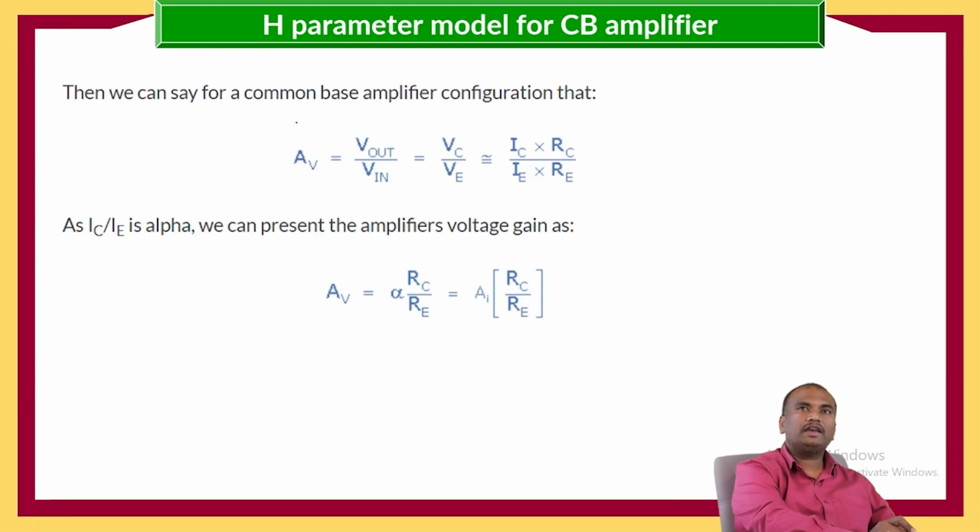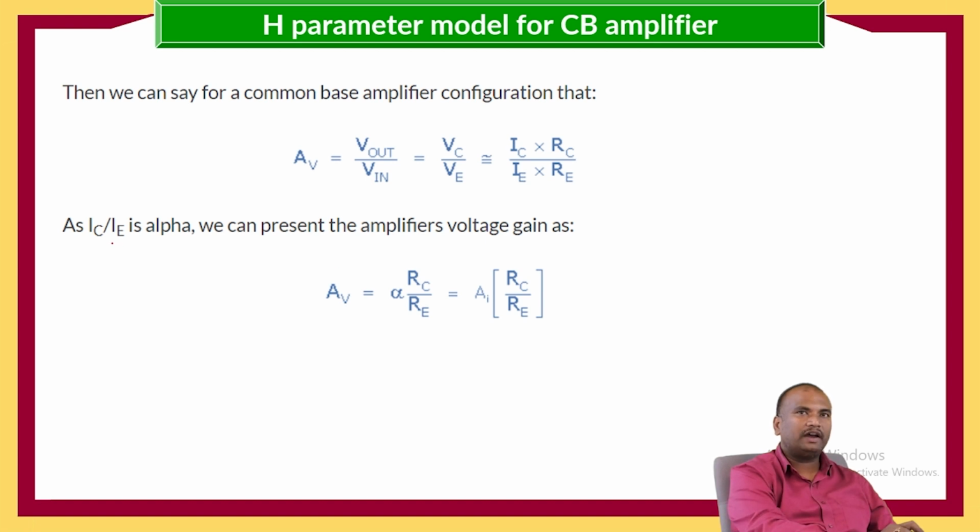Then we can say for a common base amplifier configuration that AV is equal to V output by V input, that is equal to VC by VE, which is approximately equal to IC into RC by IE into RE.